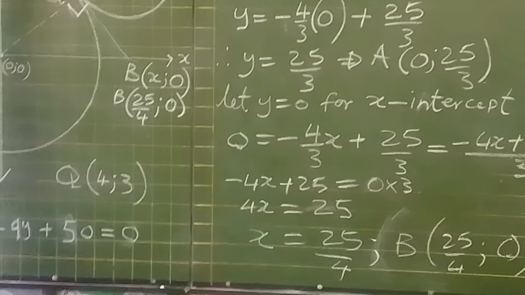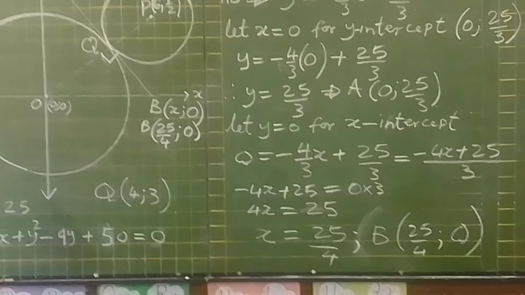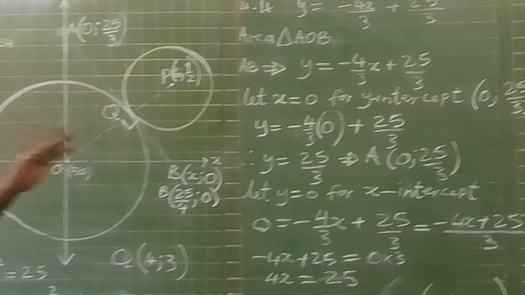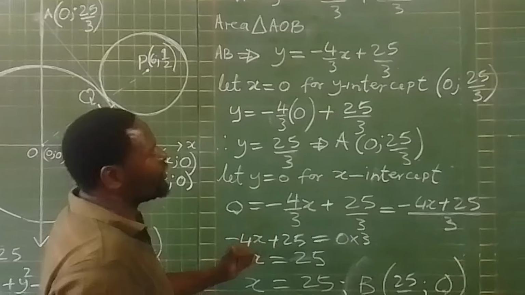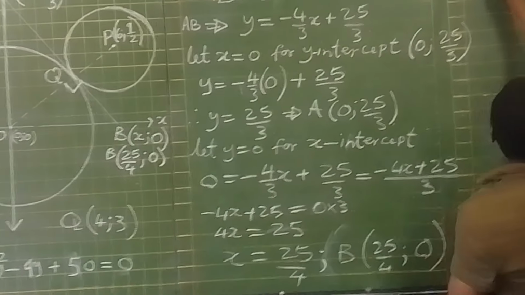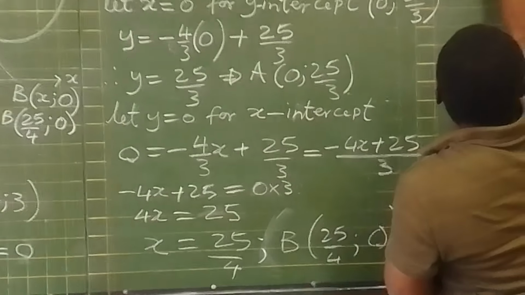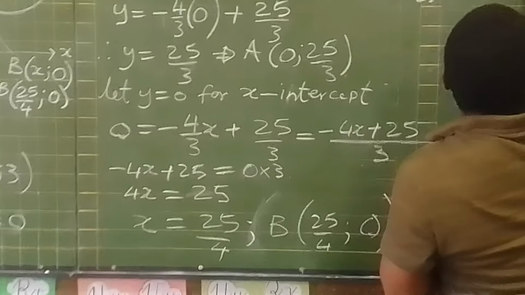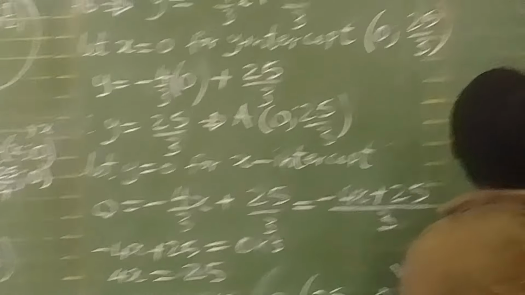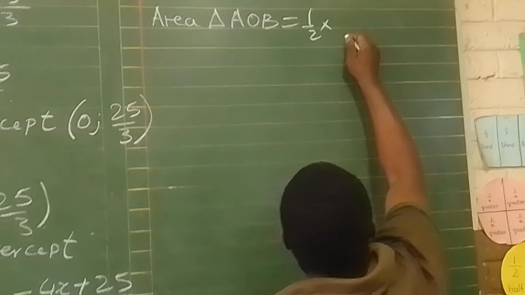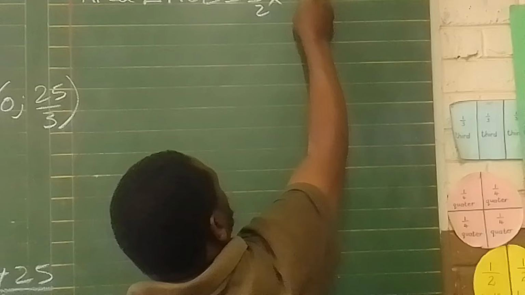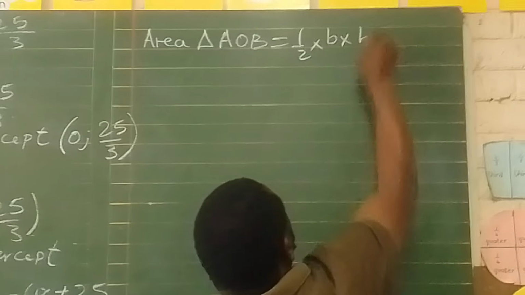Now that we have this A and B, we must calculate the area of triangle AOB. We say the area of triangle AOB is half times breadth times height.